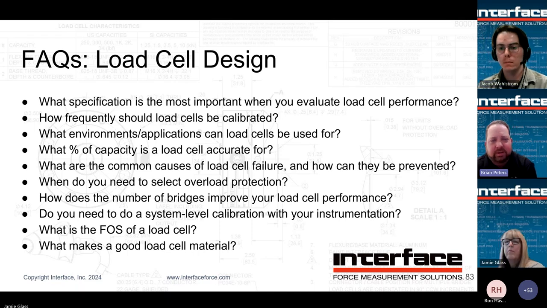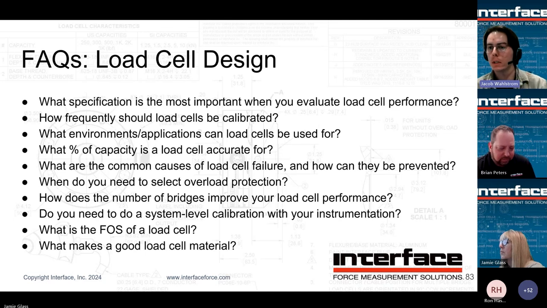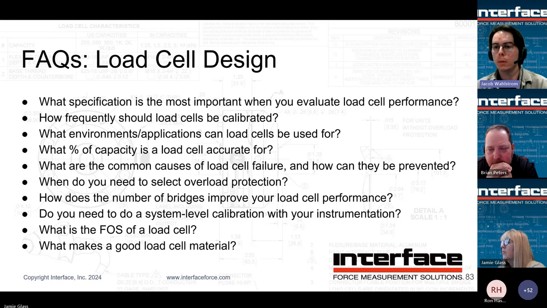What are some of the common causes of failure, Jacob? Yeah, mechanical overload is pretty common, kind of how you mentioned before, especially if there's some forces that are off axis that you weren't expecting. That can cause some combined loading that can lead to premature failure. Another one is shock loads.